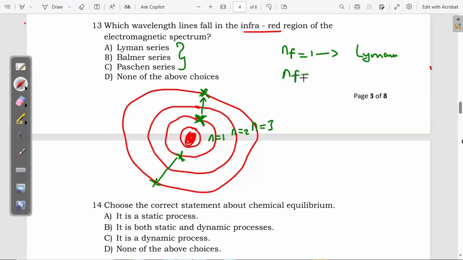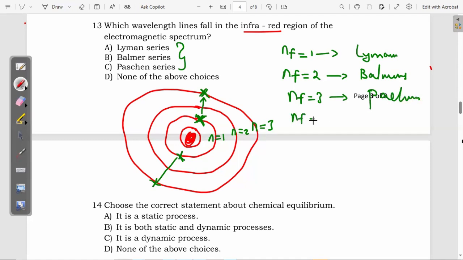If my n final, coming from wherever, maybe from n=5, ends up in n=2, that gives us the Balmer series. If n final is 3, that gives us the Paschen series.